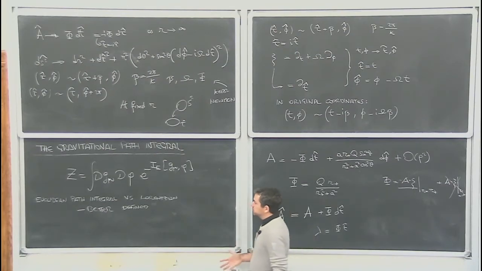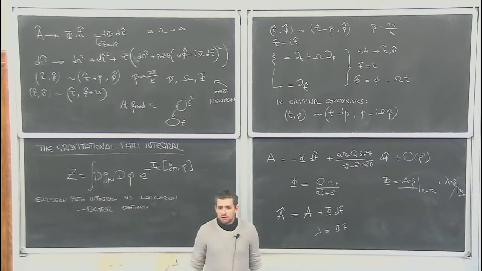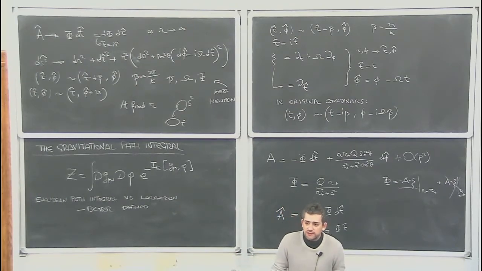There is another motivation for considering the Euclidean path integral instead of the Lorentzian one in this gravitational case. Do you see what it could be?